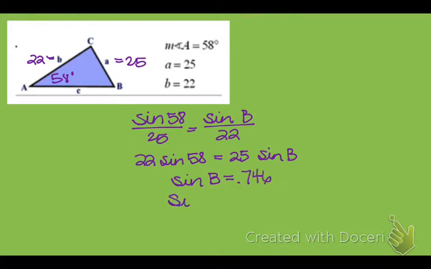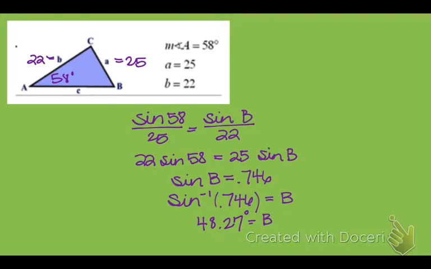We use the inverse function on the calculator. Oh, we want to put the number there, not the variable. So 0.746, and that's going to give us angle B. So when we type that into the calculator, we would see that angle B is going to be equal to 48.27 degrees.